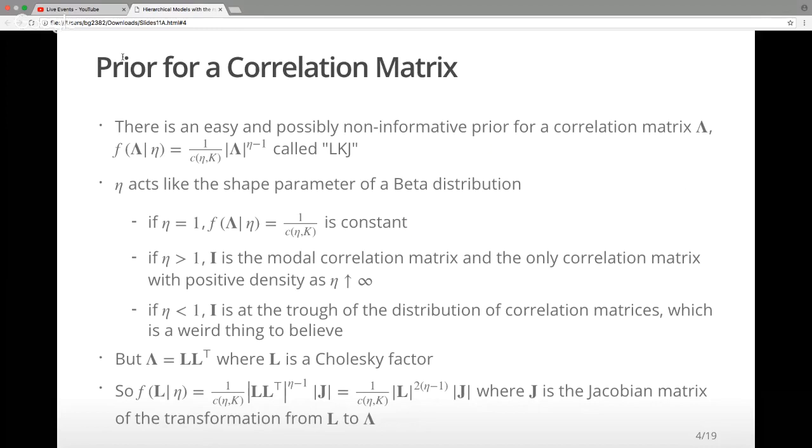Most people don't even know that they're there. But for the people who dig through the documentation, they find that the defaults are relatively easy to change a little bit in a more informative direction. And that also tends to work well.